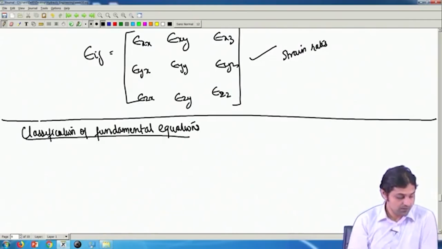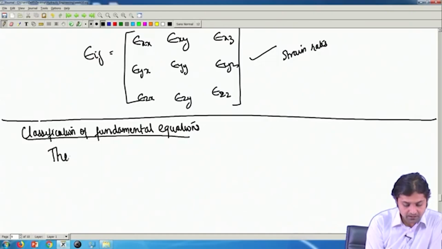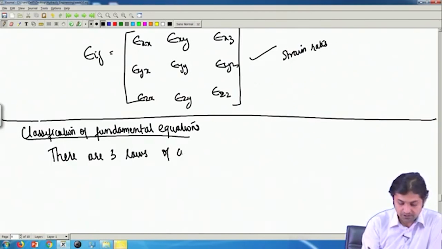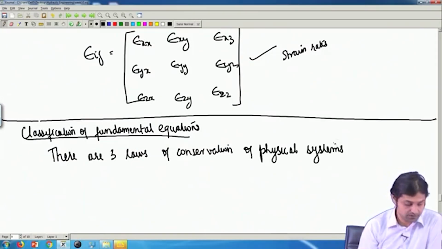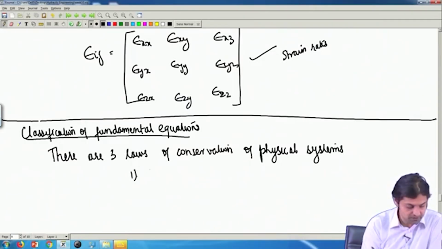Actually, there are three laws of conservation of physical systems. The first one is conservation of mass.